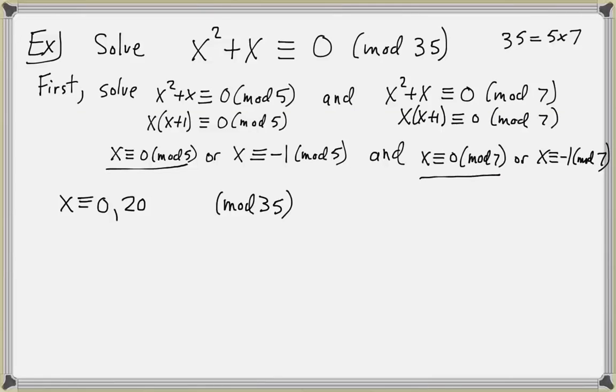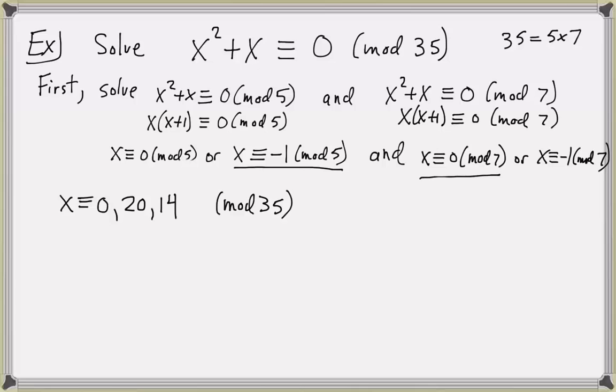Now let's find a residue that's 0 mod 7 and negative 1 mod 5. So multiples of 7 that are 1 less than a multiple of 5. Well, I see that 14 would be 0 mod 7 and 1 less than a multiple of 5, which is 15.